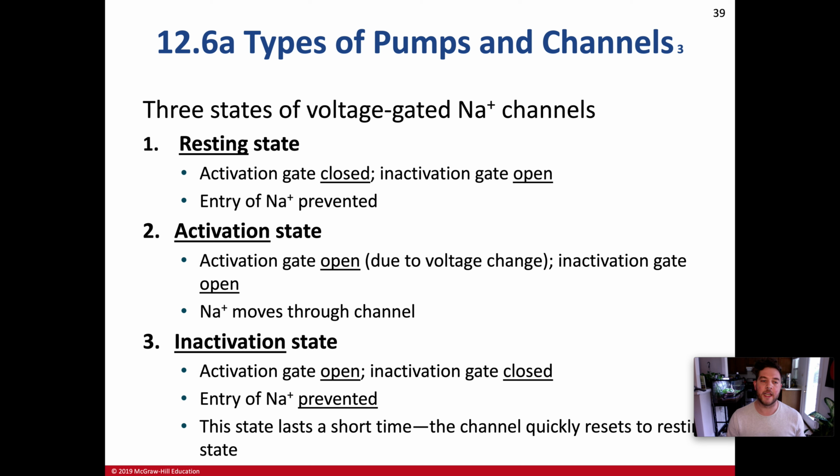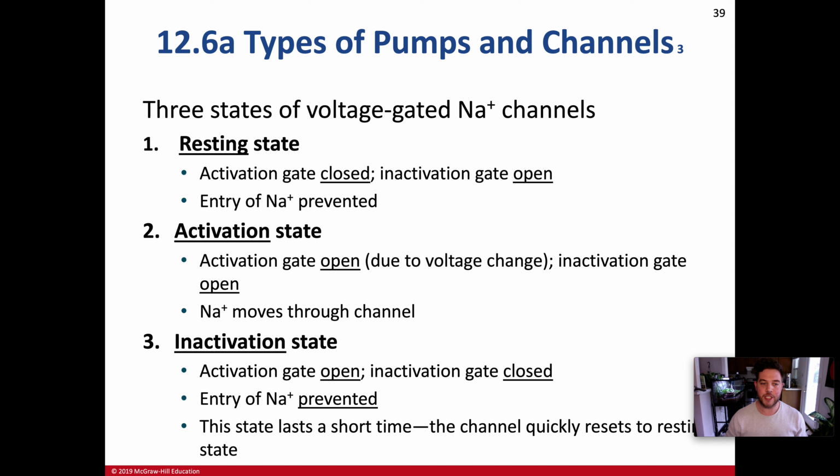In the resting state, your activation gate will be closed, but your inactivation gate will be open. And that still prevents the entry of sodium. So even though the inactivation gate is open, because the activation gate is still closed, you won't have any sodium able to come in.